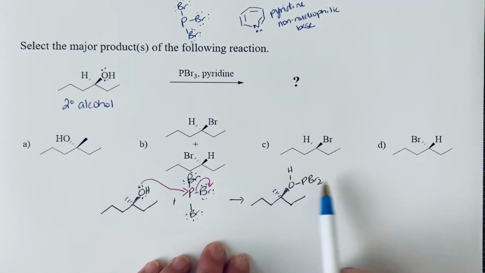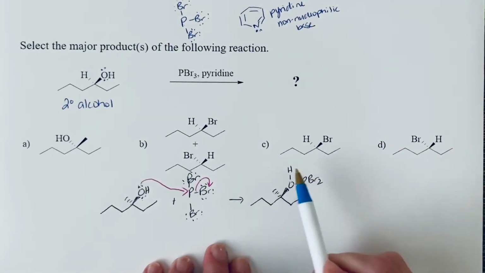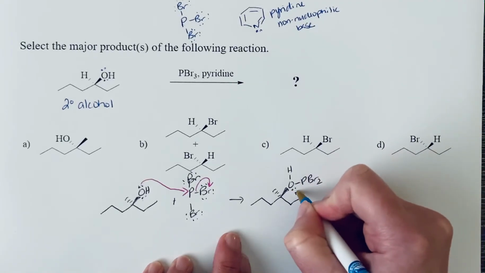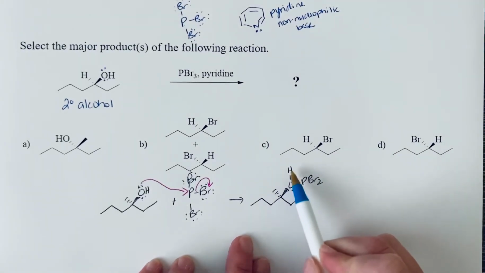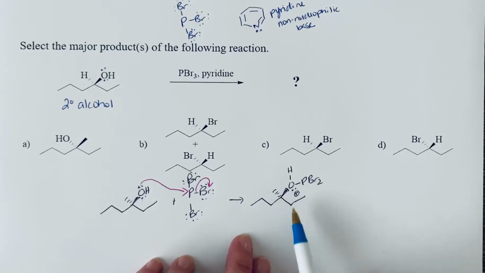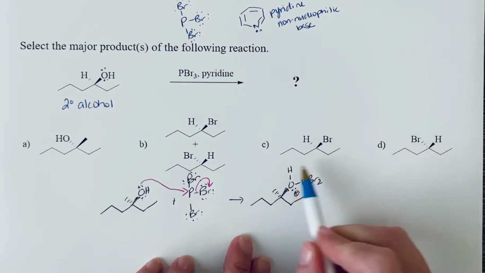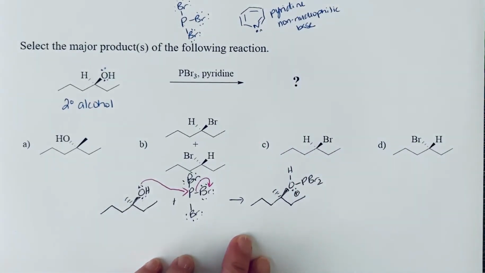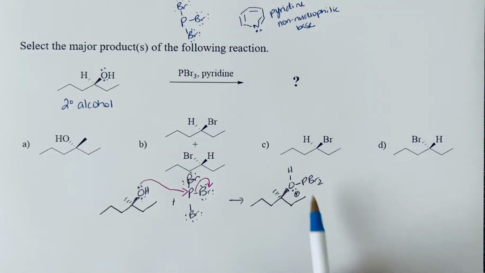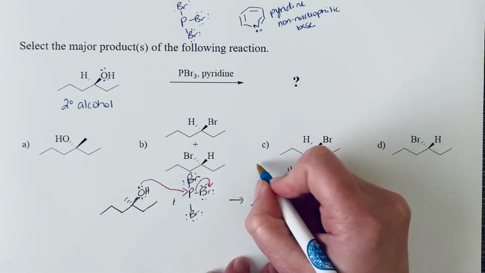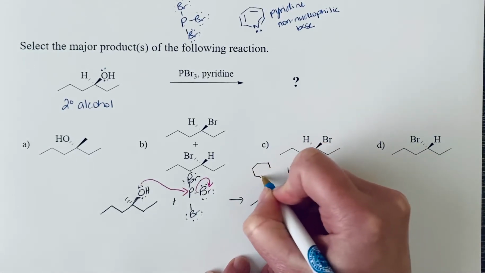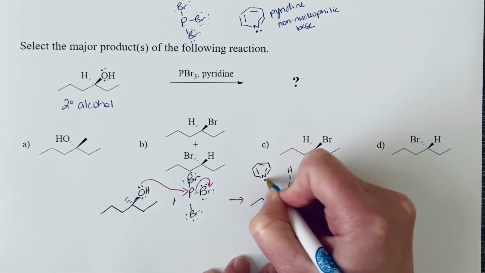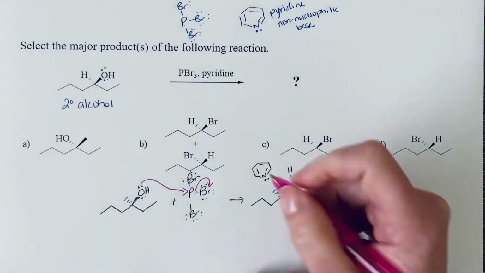Right, so we still have 2 bromines on the phosphorus. We still have a hydrogen, and that is a fairly acidic hydrogen, being attached to oxygen with a positive charge. And we mentioned that pyridine as a non-nucleophilic base would be useful if we had an acidic hydrogen, which we do here. So the pyridine can remove that acidic hydrogen, and it will do so.